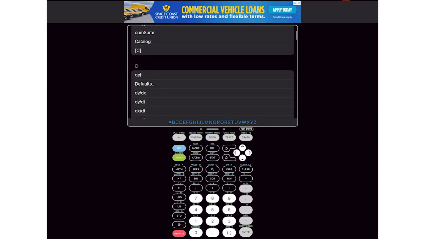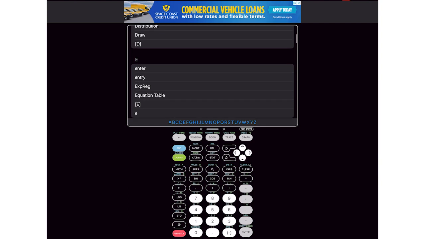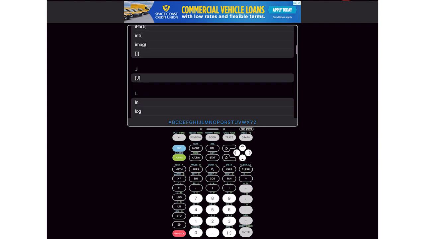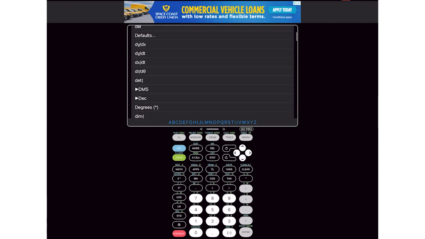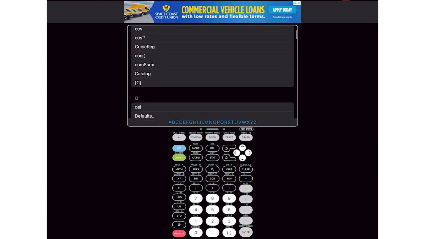Okay, so there's my catalog, and maybe this calculator doesn't have diagnostic on. For some reason, I don't see it in here.